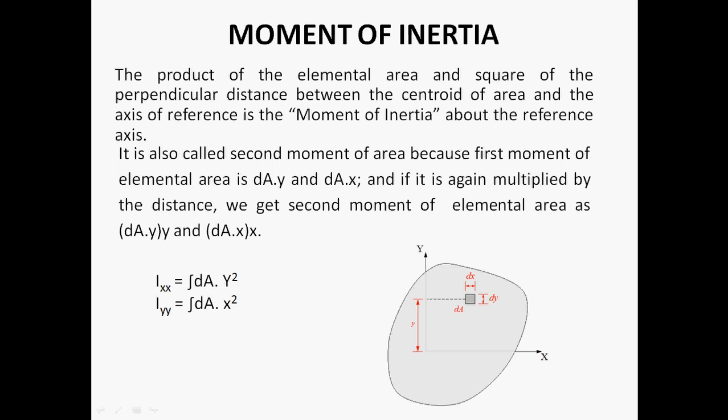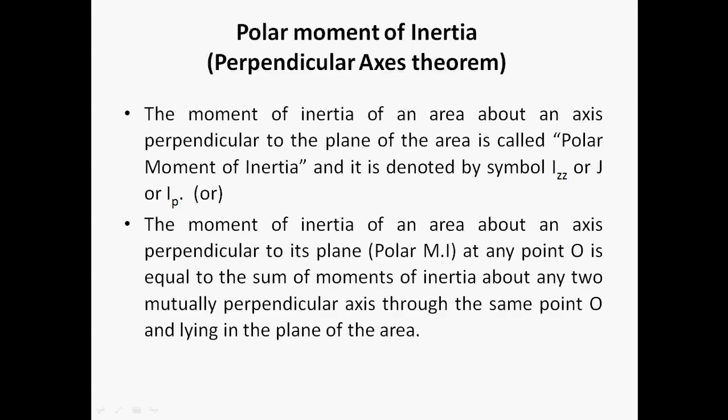It is also called the second moment of inertia because the first moments of elemental area are dA into y and dA into x, and if they are again multiplied by the distance, we get the second moments of elemental area as dA y square and dA x square. Mathematically, Ixx is equal to the integral of dA into y square, and Iyy is equal to the integral of dA into x square. With respect to this y distance, we can measure the second moment of inertia.